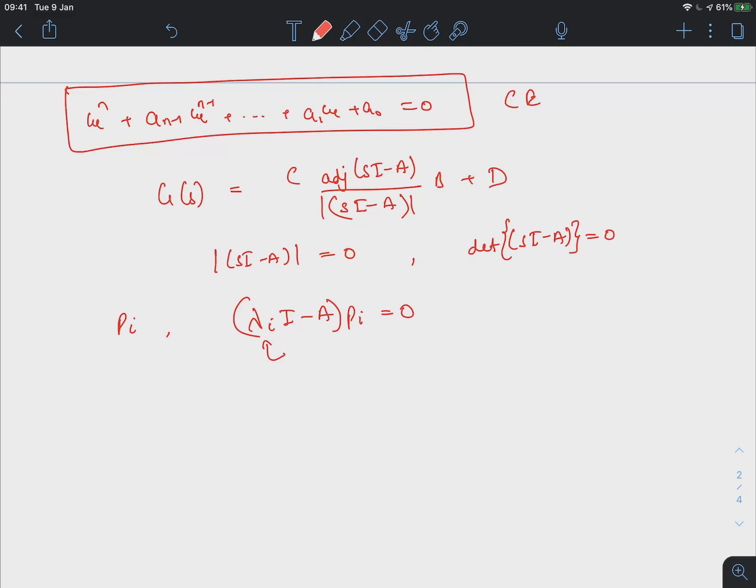Okay, and these lambda_i's are the ith eigenvalue of the matrix A, and the eigenvalues of matrix A you can compute from here.